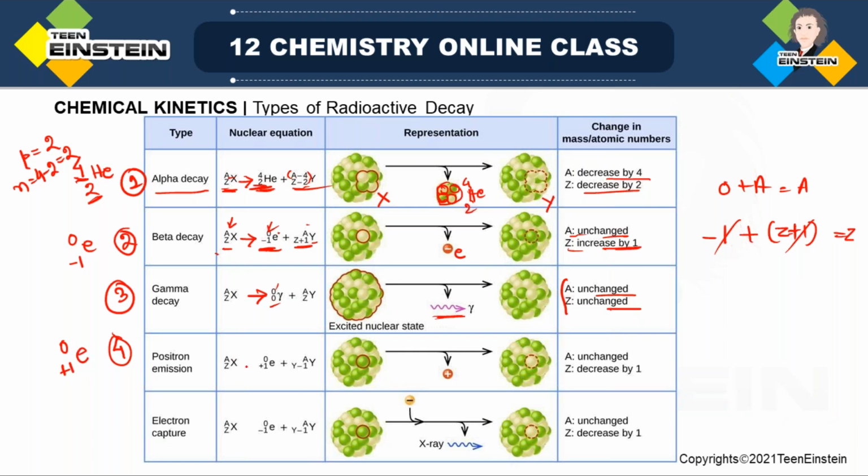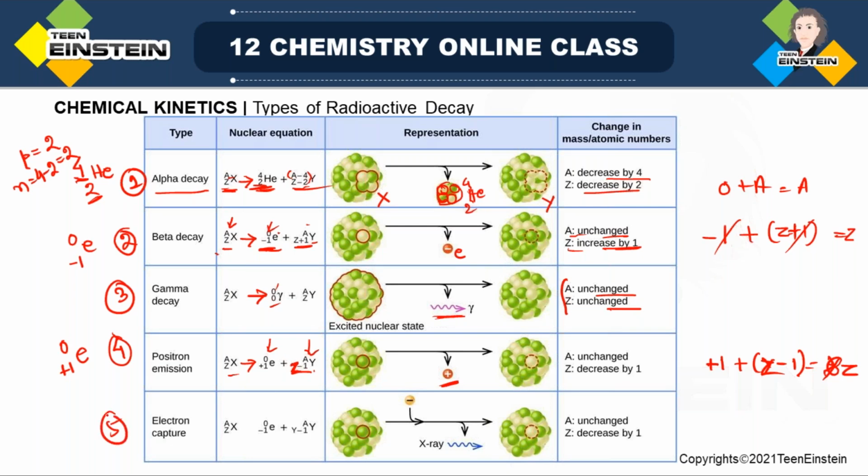Now when positron is emitted, that is positive charge, now the atomic number of Y will decrease by 1. Again follow the same thing, plus 1, you add Y minus 1, it will be Z. That means left hand side, sorry, it will be Z, not Y. So left hand side it is Z. Similarly, if we add 0, that is actually there is no mass, 0 plus A, that is also A.